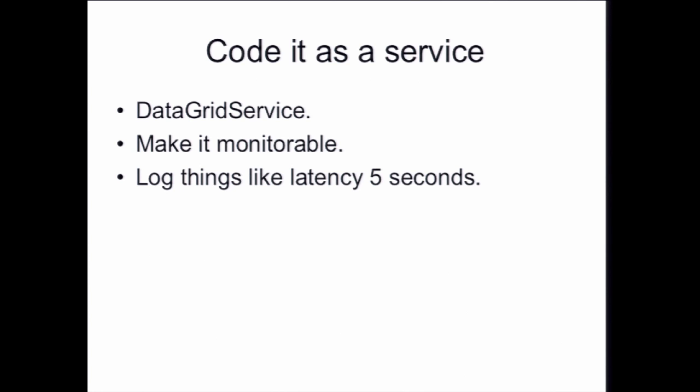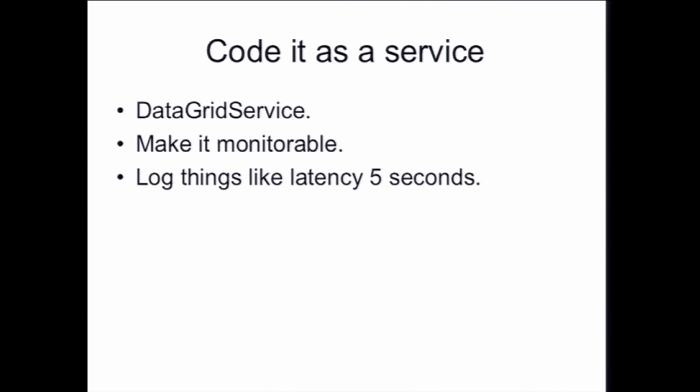You will definitely need that when there's a problem in your application, like performance degradation or anything. If the code is everywhere, there is no way to log things and figure out where the problem is. But if you make it a service, then you can have JMX monitoring or even your own metrics to monitor how long this specific service took, what the average time was, and things like that.